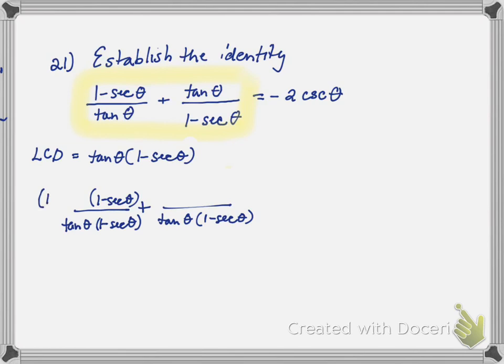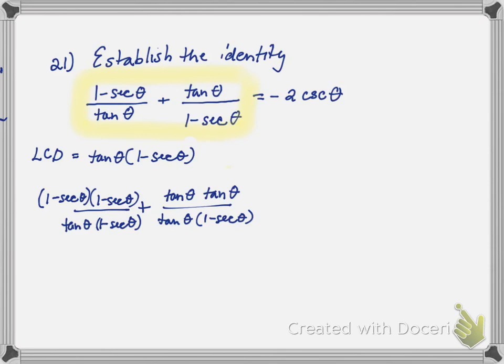So what you do to the denominator, you have to do to the numerator as well. So now I have 1 minus secant theta times 1 minus secant theta. In the second one, I had 1 minus secant theta in the denominator. I now have tangent theta times 1 minus secant theta. So I have to multiply the numerator by tangent theta as well. I had tangent theta before, I'm multiplying it by tangent theta. So this is what I have right at this moment.